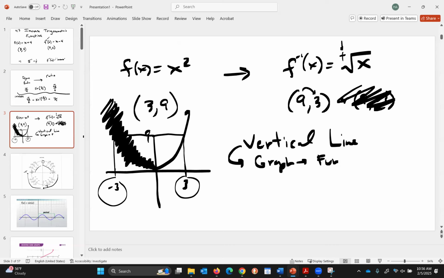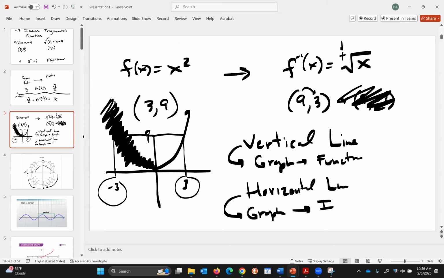Are we good? Okay. Horizontal line test makes sure that when you look at that graph, the inverse is a function. Okay, so all good there?